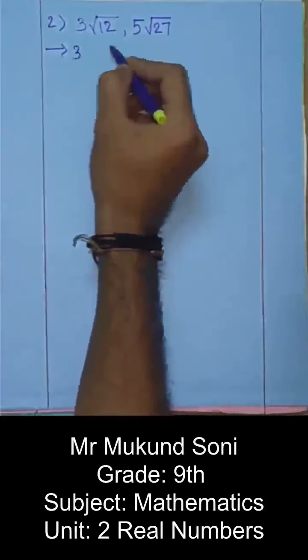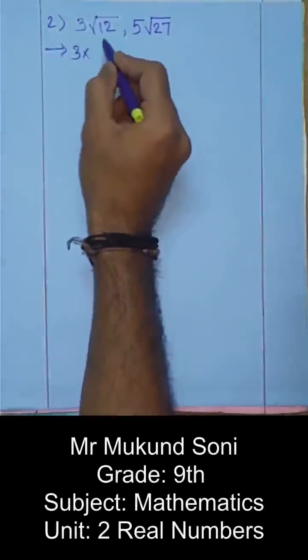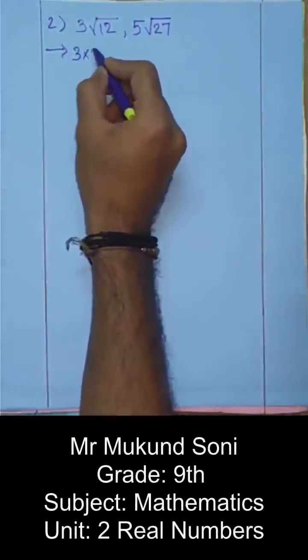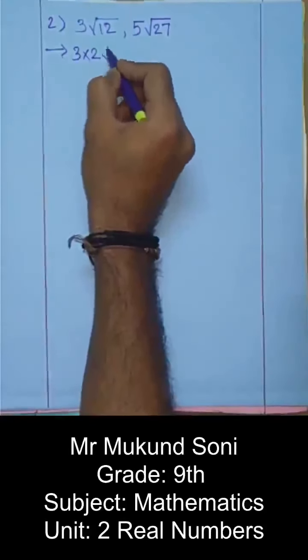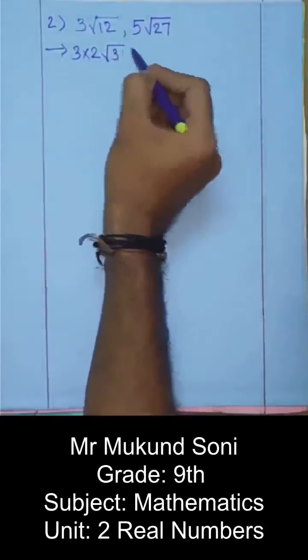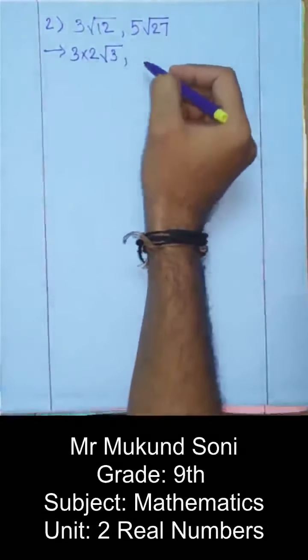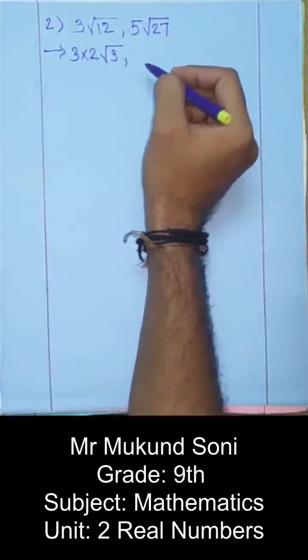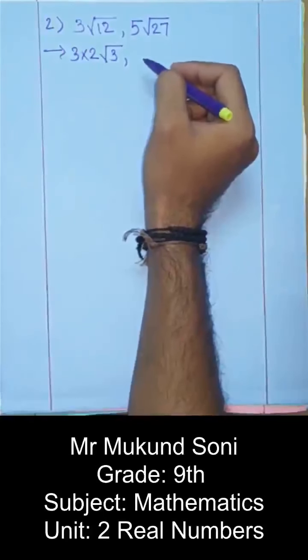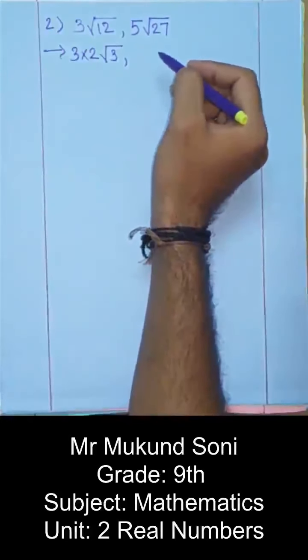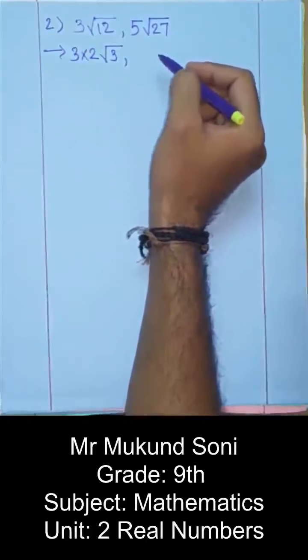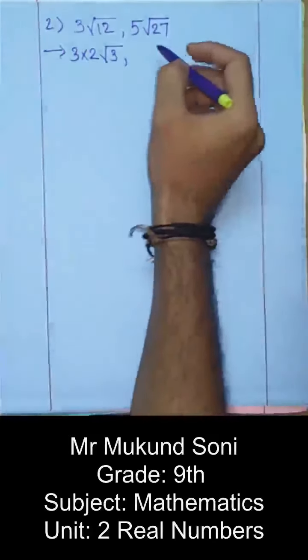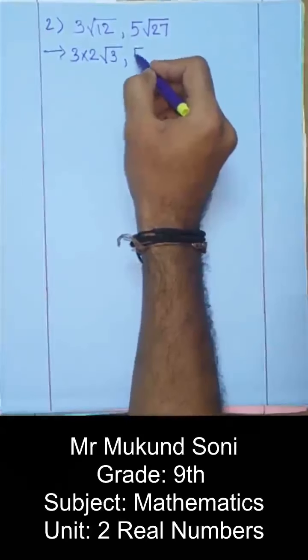So let's simplify this. 3 into the factors of 12 and its retransformation, that is, simply after simplification you get the answer as 2 root 3. The steps for simplification, you can do it in your mind or you can show them. Both are valid.